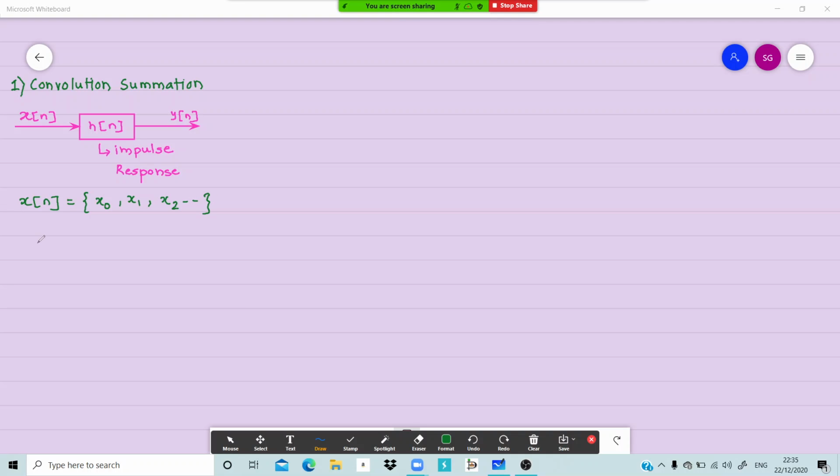It will get applied on the system and you are going to get y of n. So how can we write this y of n? y of n is equal to x0 h n, plus x1 h n minus 1.